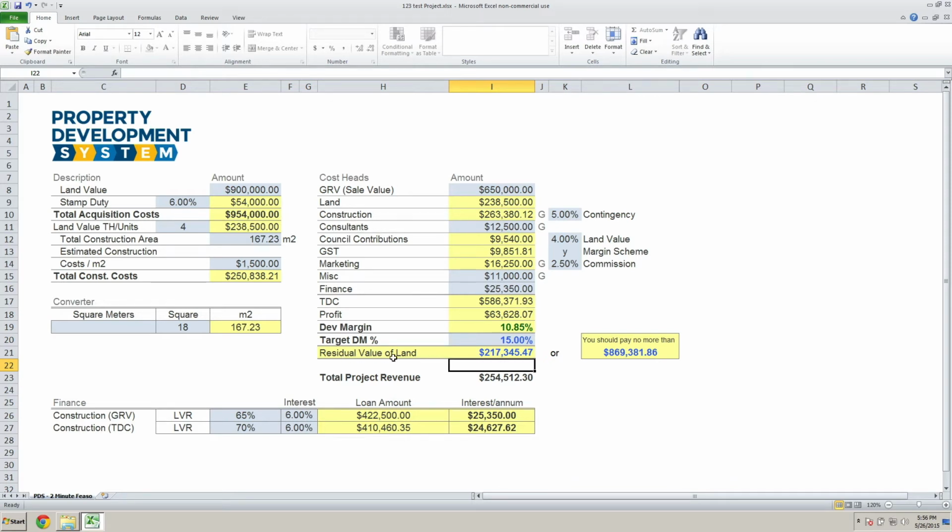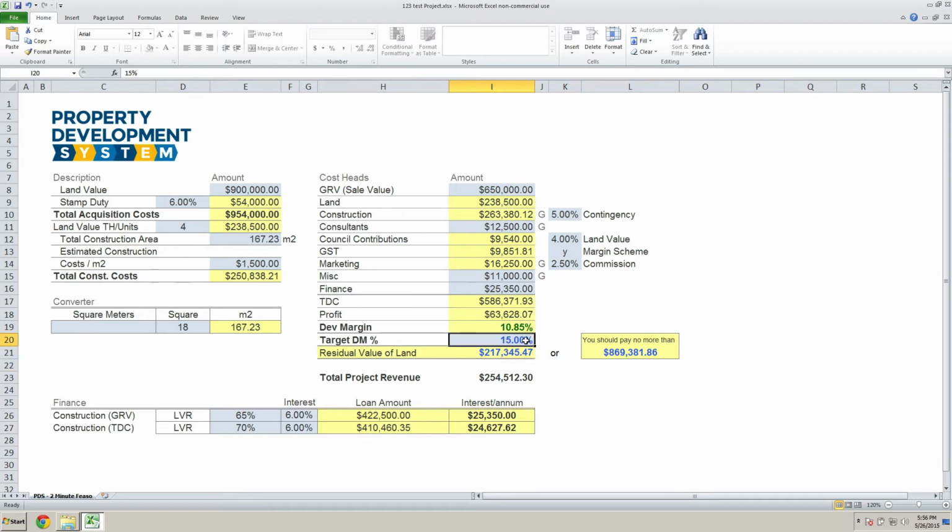It brings down the residual value of land to 217 as opposed to 238,500. So what it's telling me is that you should pay no more than $869,381.86 if you want to make a development margin of 15%.